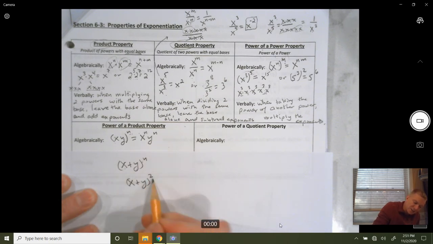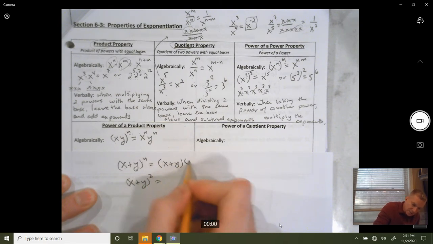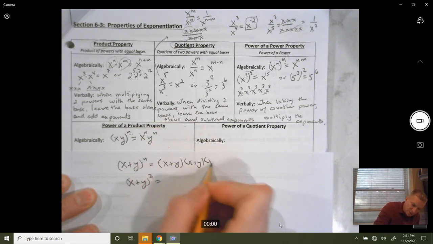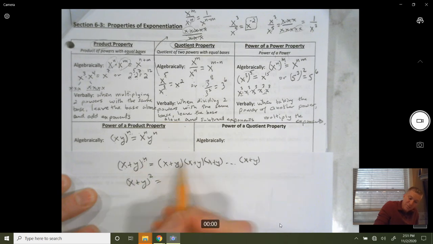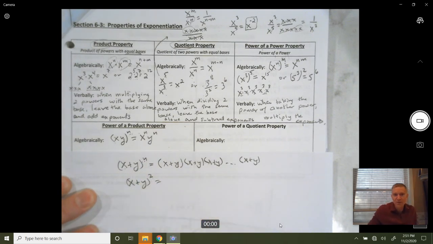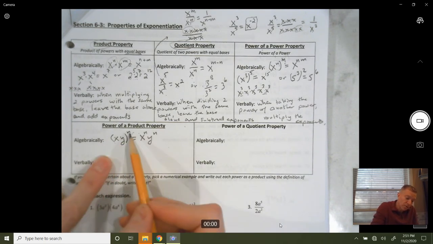You can't say x squared plus y squared. You'd have to FOIL. So you have to say x plus y times x plus y times x plus y, dot dot dot, n times. So if it's x plus y to the 5th, you'd have to multiply them out. You'd be distributing for days.